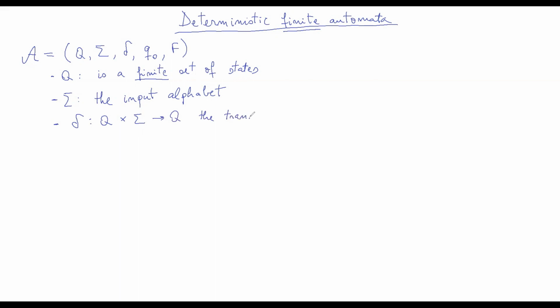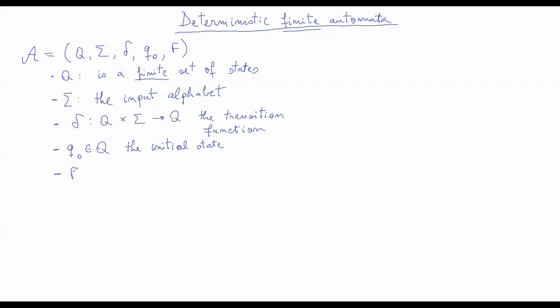And I comment on this in just a moment. We have the Q0. It's one of the states in Q, and this is called the initial state. And also I comment on this in a moment, what's the meaning of initial here.